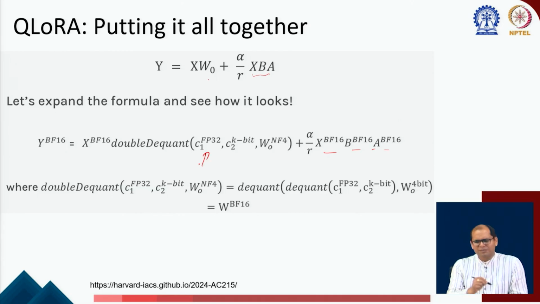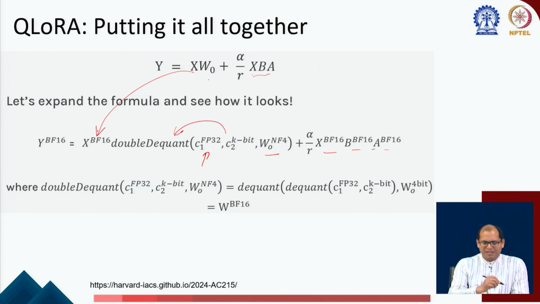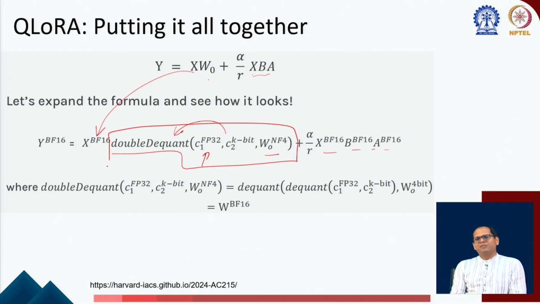You are storing this particular constant, and you will have this weight. You do the double dequantization, and you multiply with x, that is already in BF16, right. And you compute your values, and you don't need to store this dequantized value of the weight. You can delete it whenever your task is done.